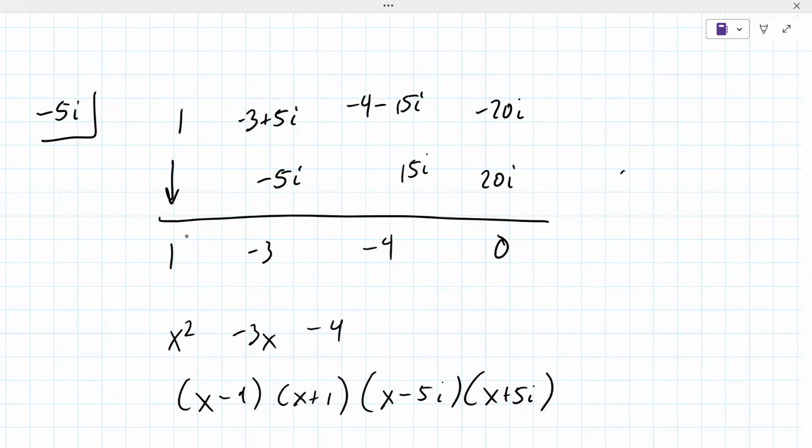Oh yeah, because of the factoring. All right.